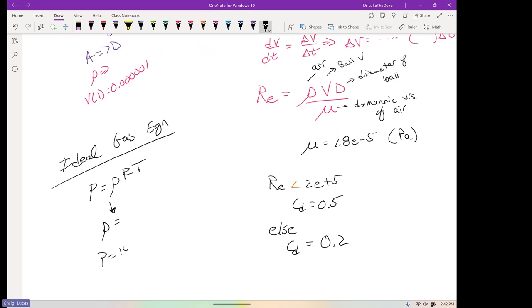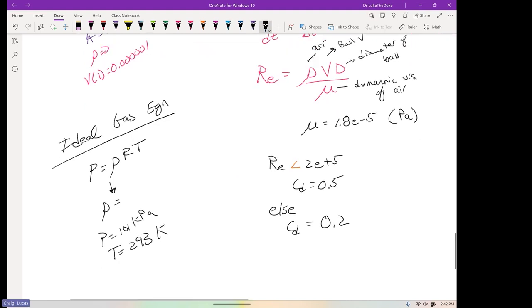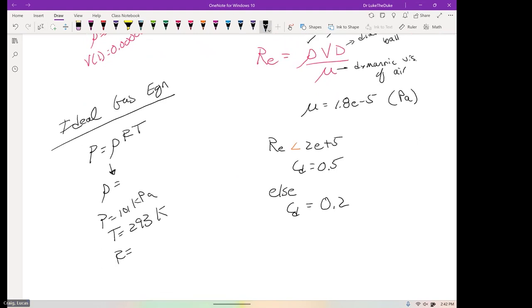Assume P is 101 kilopascals, and let's do 293 Kelvin, like my lovely units. Remember what R was for air? 287 joules per kilogram K. In your givens, you can put this equation. Solve for the density given those pressures.